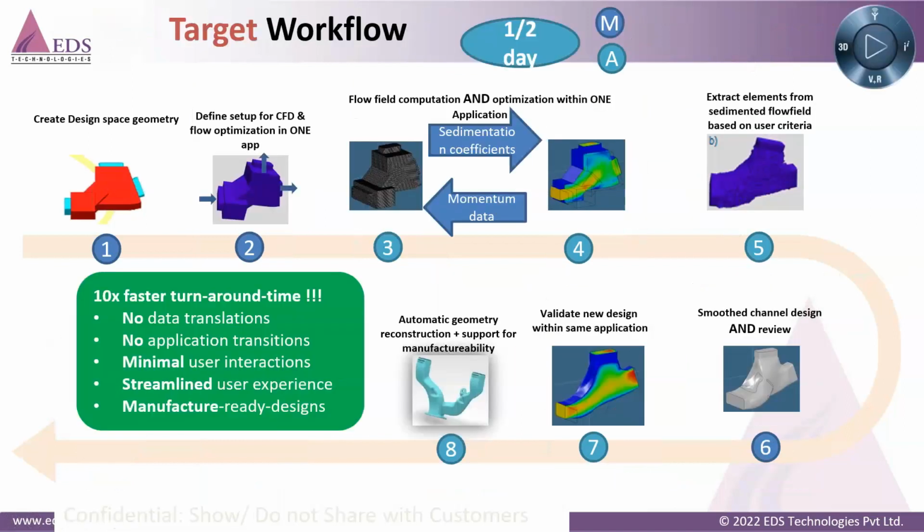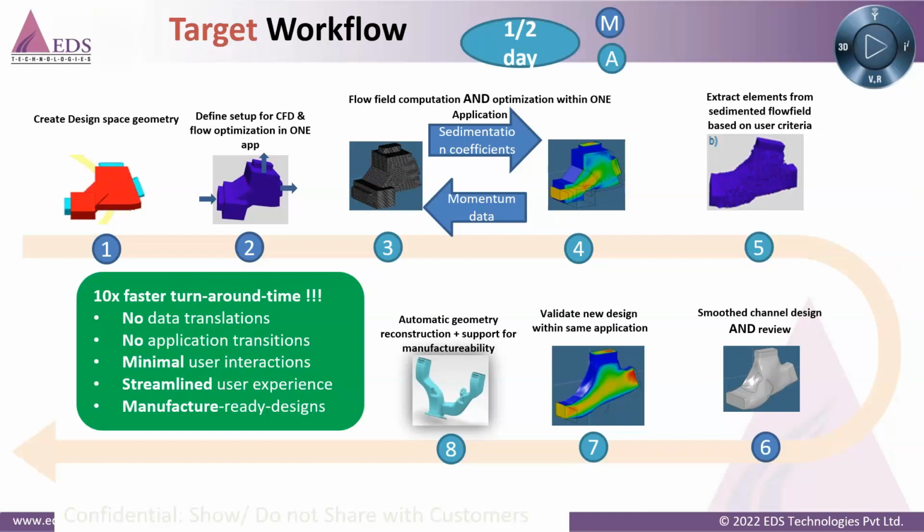Now, with the 3D Experience platform capability, which combines CFD with design of experiments as well as generative design, the 5-day activity was reduced to half a day, wherein only the first 2 steps, that is creating the design space geometry as well as defining the setup for CFD and flow optimization in one single app, are done manually.